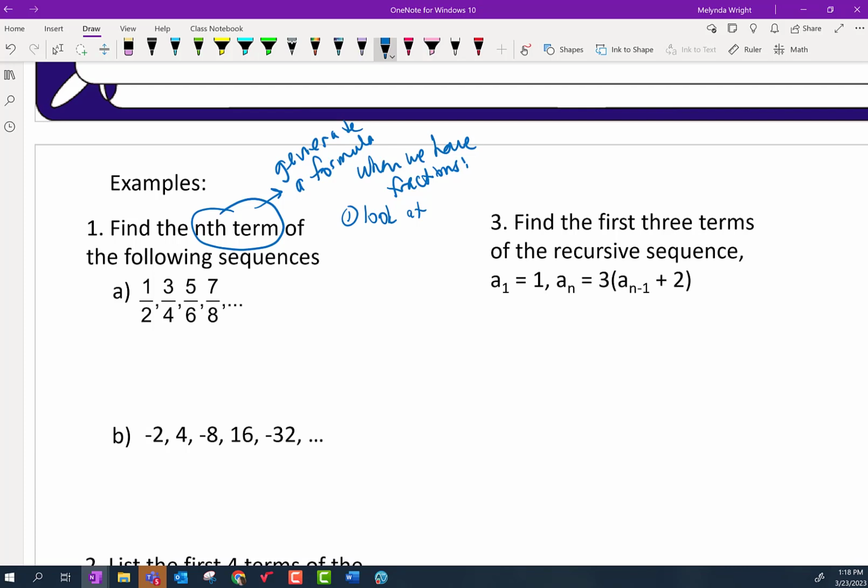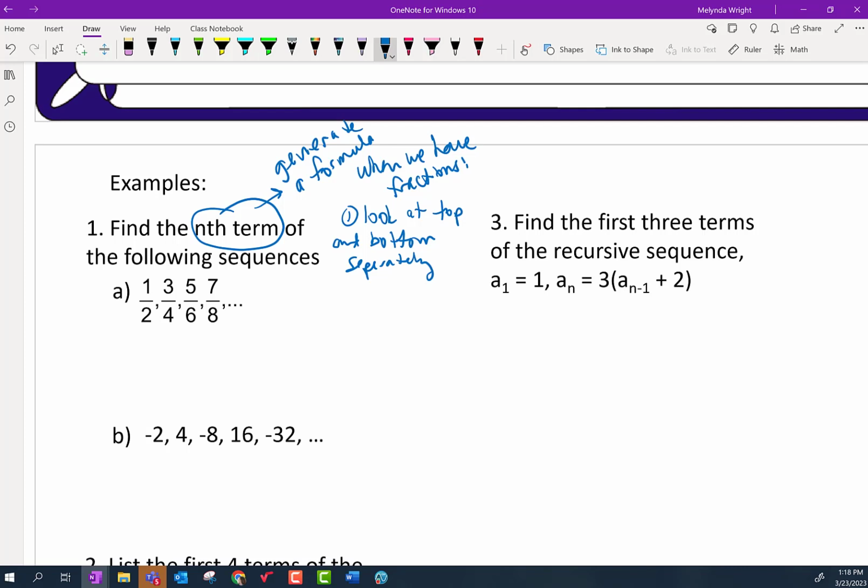I'm talking about numerator and denominator, right? Those are just longer words. So I'm just going to abbreviate, look at the top and bottom separately. Okay, separately. Don't try to take it in as one thing. Look at them separately and see if you can figure out a formula for them separately.